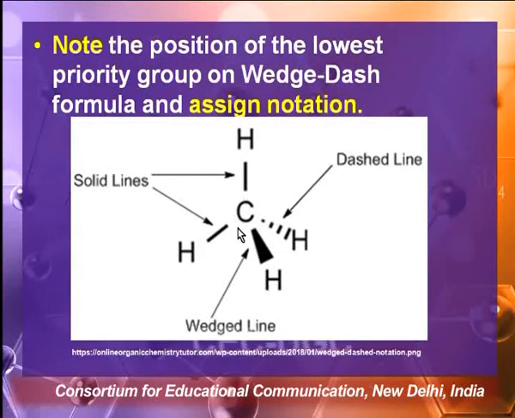So now we are going to look at which position our group having lowest priority is placed, and after locating the position of the group of the lowest priority, we will view the molecule.